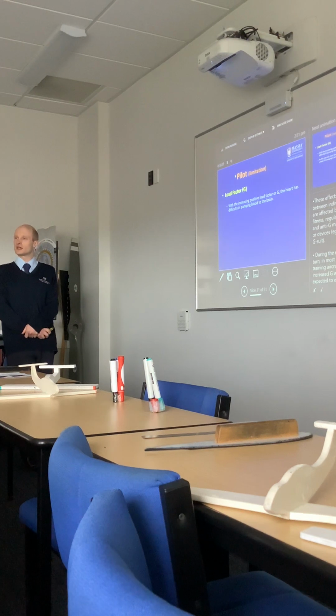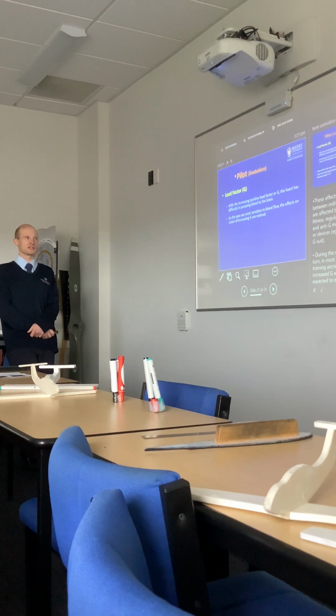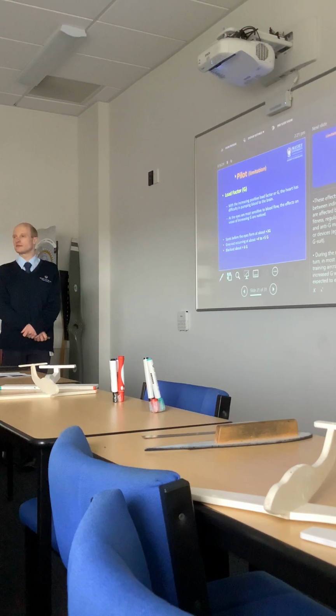And so if we pull too many Gs, it's usually our vision that is affected first. They're most sensitive to changes in blood flow.